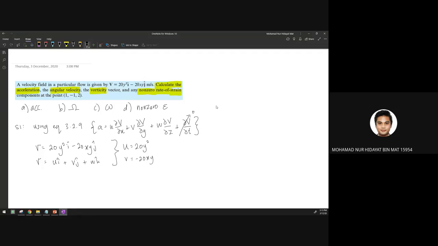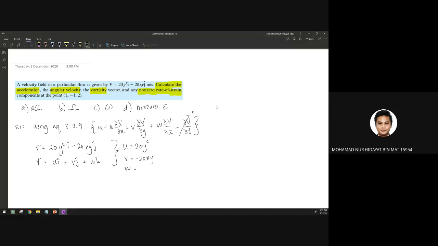So what's the answer for w? Please comment there. Do you know what is the value for w? Alright, Lim said 0. Definitely there is no component, so we can say it is 0, plus 0 k.